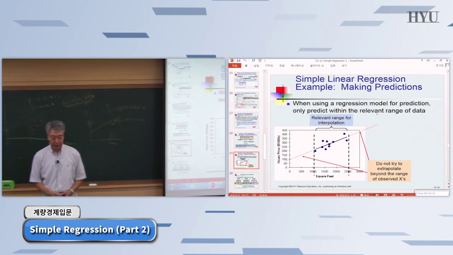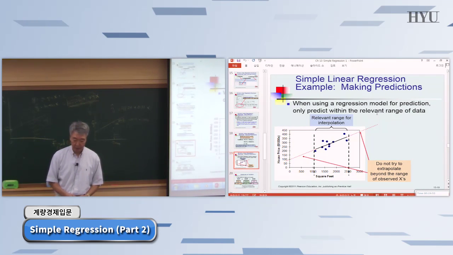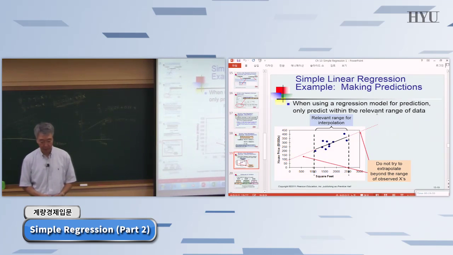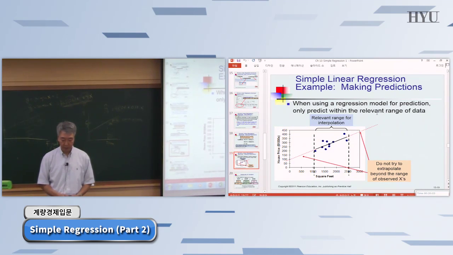All right, so here's one more reminder about the interpretation of the intercept. We have a certain range of the data points.